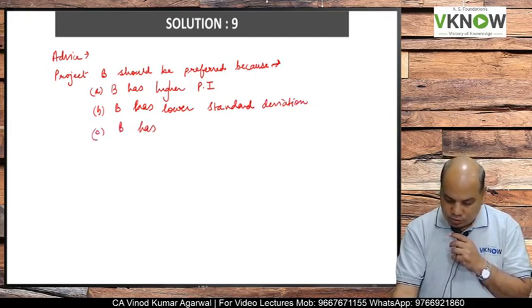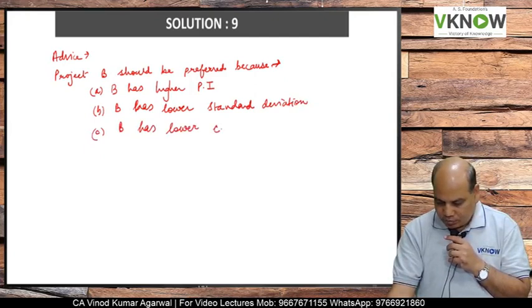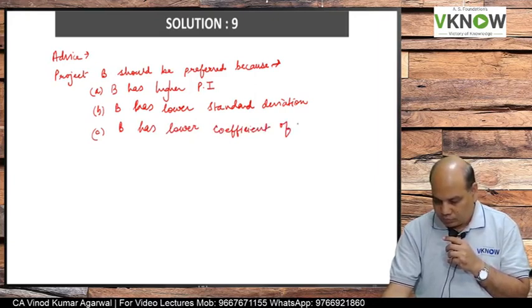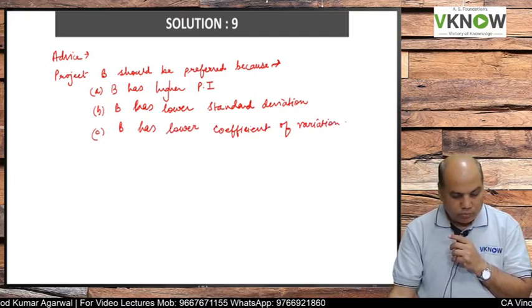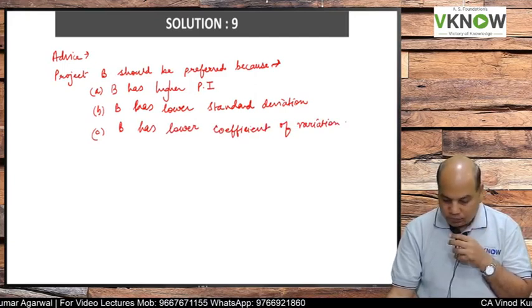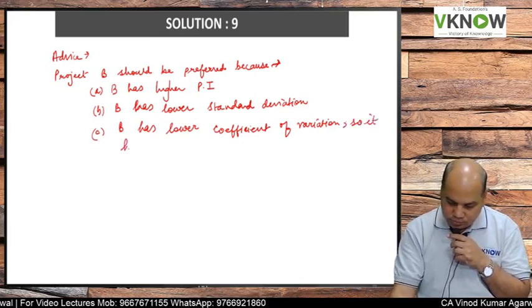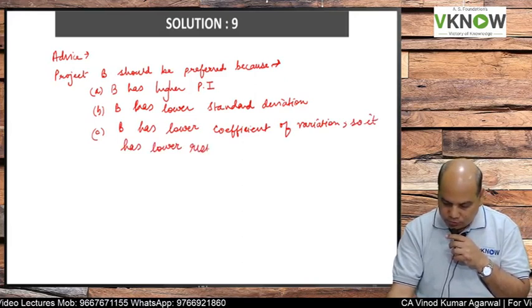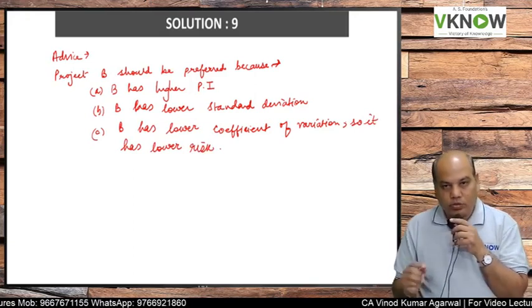B has lower coefficient of variation. So it has lower risk.